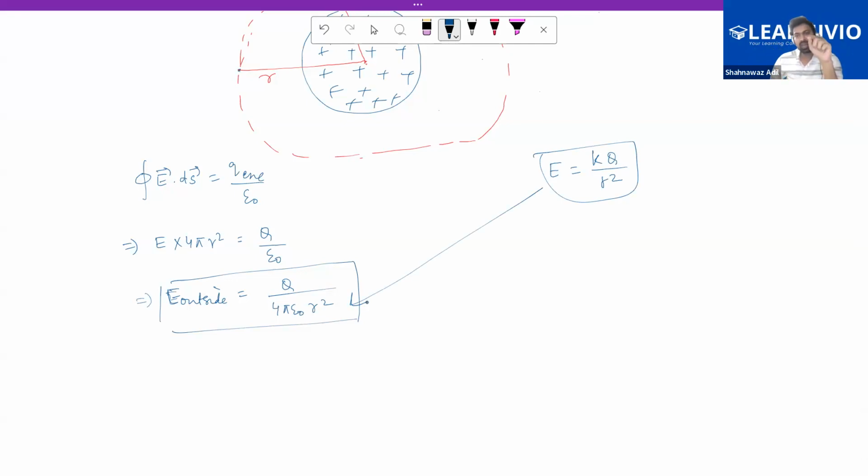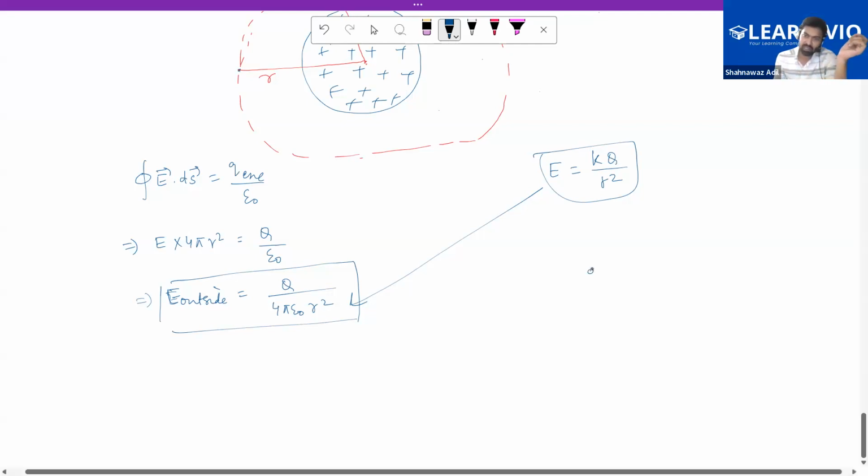Okay, when do you have this electric field? At a distance away from the center, that is distance of a charge. Absolutely correct. So this is the electric field of a single charge.